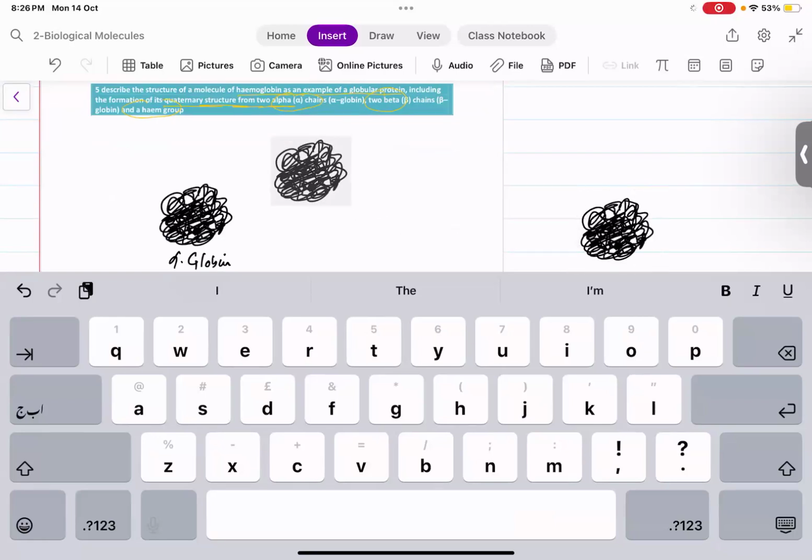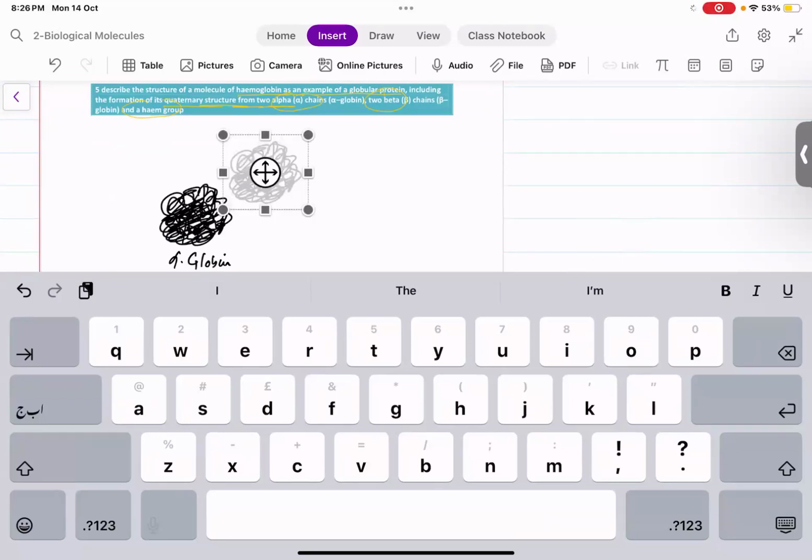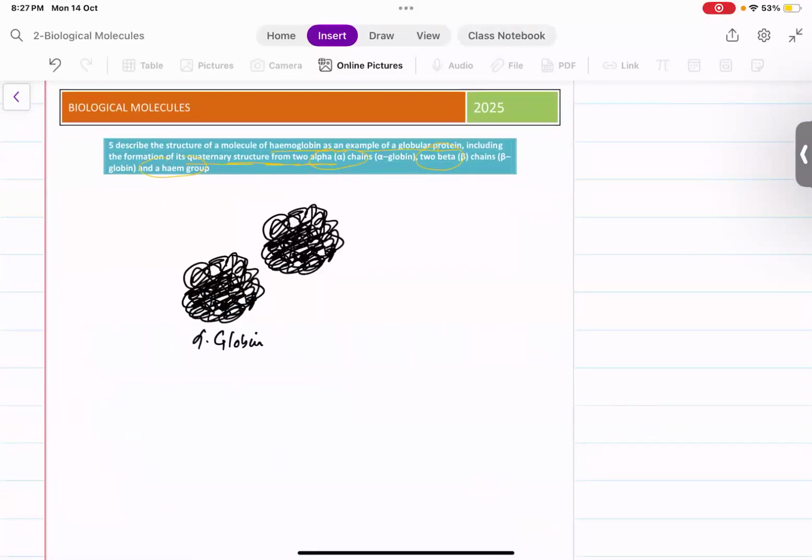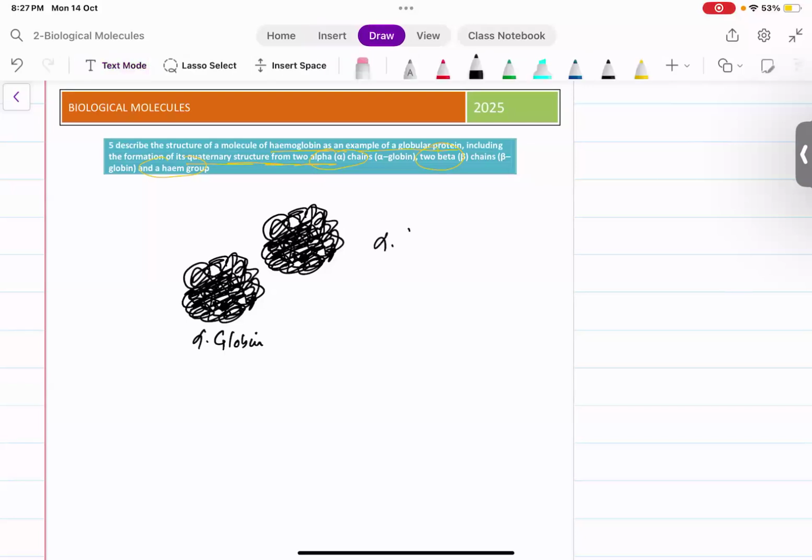So we can, okay. So these are two alpha globin. This is also alpha globin.